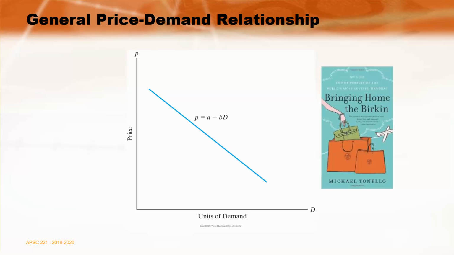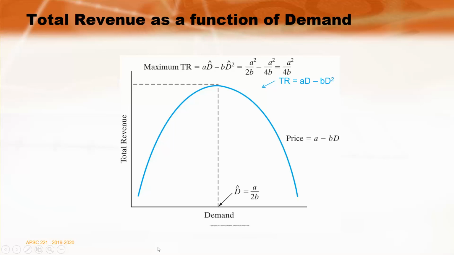The models and things that we're going to look at will all be for basic goods, commodities, basic projects, basic kinds of things that all follow or closely follow this basic economic model of price versus demand. One of the interesting outputs, if you look at that model and you start looking at total revenue, comparing that to demand, is that there is a point where your revenue will maximize.